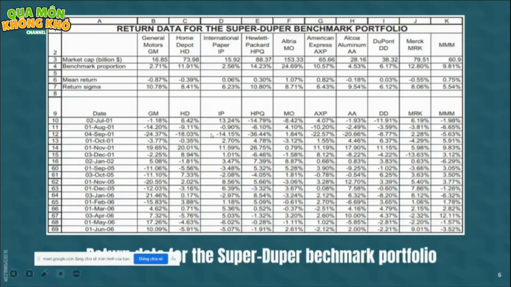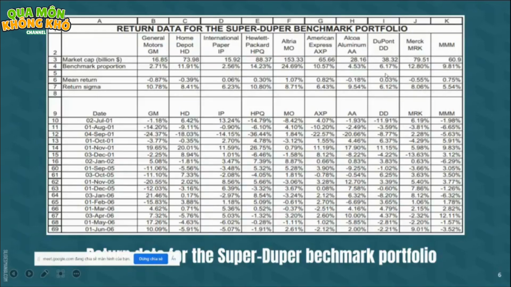And here we have the data sheet below. As you can see, the benchmark portfolio is composed of 10 leading stocks, with row 3 in here giving the current total equity of each of the benchmark stocks, and row 4 below computing the benchmark proportions, which is computed by individual equity values divided by the total market capitalization of the benchmark.